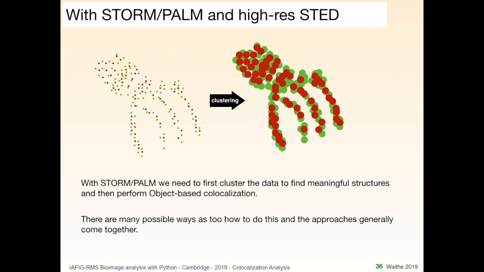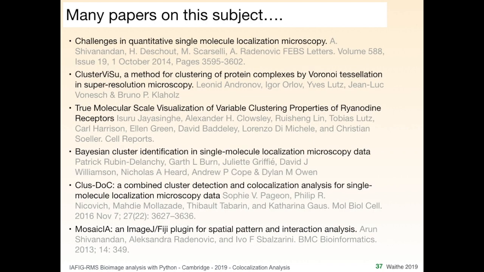And once you've clustered your single molecule data, then you can start to think about colocalization in the conventional sense. But until that point, you're very much restricted to an object-based colocalization paradigm where every bright spot has been parameterized and you're basically measuring the distance between them. If you want to use the other approaches, then you have to do some kind of clustering and render it more like a conventional image. But there are many papers and approaches to doing this. It's not an exact science.